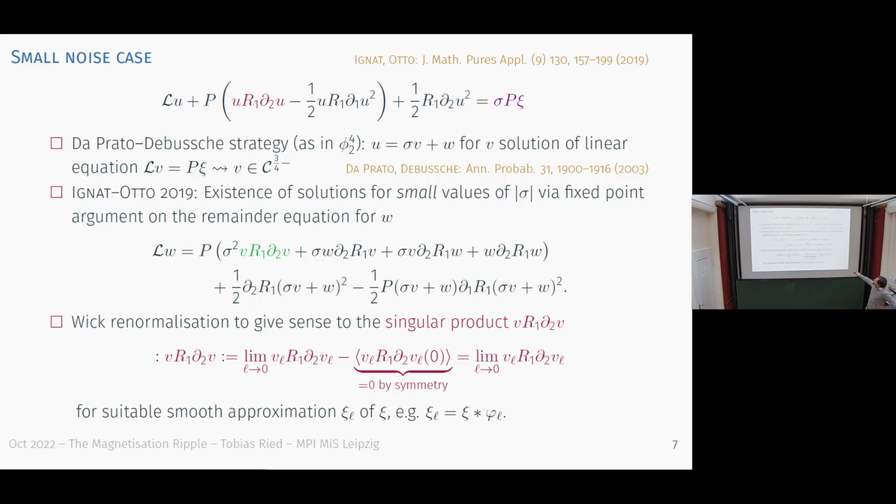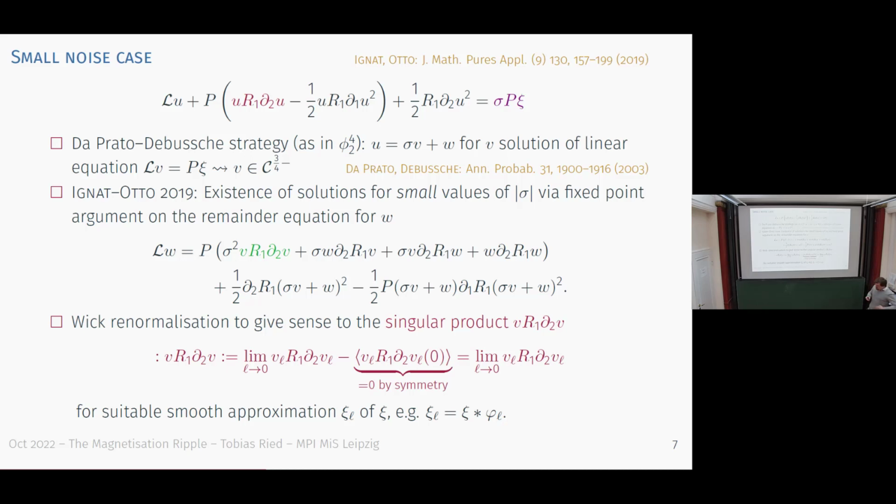And then combining these two parts, a deterministic fixed point argument and this probabilistic construction via renormalization, allowed them to conclude that there are solutions of the problem.